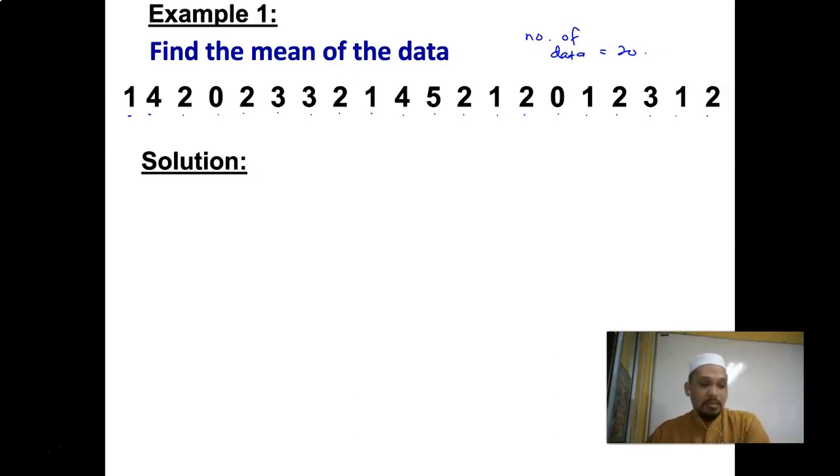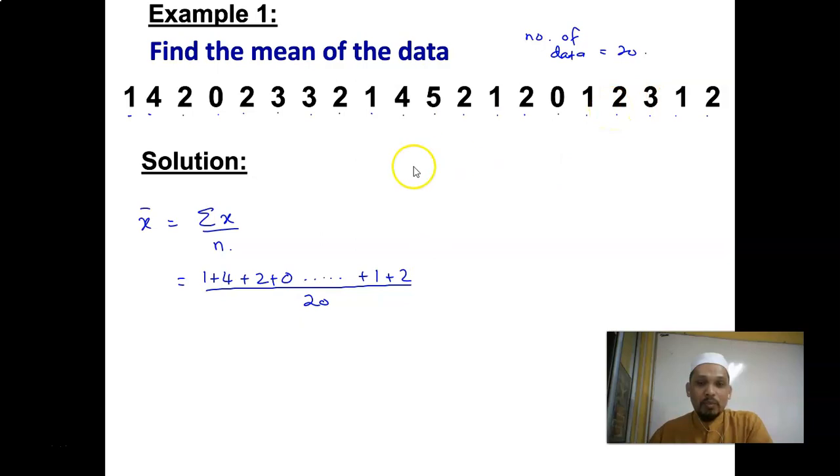Now the mean is equal to the summation of all x divided by the number of data, which is 20. So we list down 1 plus 4 plus 2 plus 0, until the last one here, plus 1 plus 2, and divide by 20. Summation of all this, divide by 20.